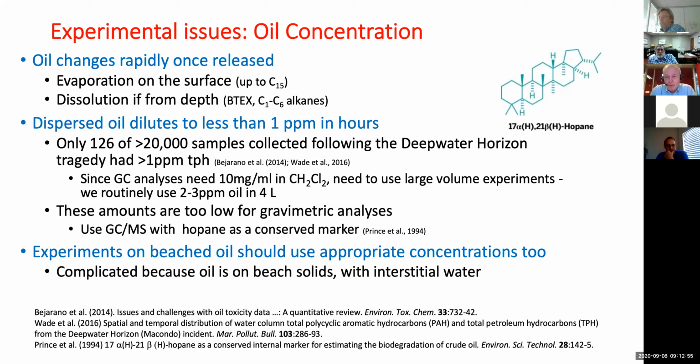Depending on how thick the slick is, it will have lost most of the compounds with smaller than 15 carbons. If it was coming up from great depths, like the Deepwater Horizon blowout, then the BTEX and the C1 to C6 alkanes will all have dissolved in the water by the time it gets to the surface. So there's no point in doing experiments that you think are relevant to the Deepwater Horizon, dispersing oil and dispersing it with BTEX in it.